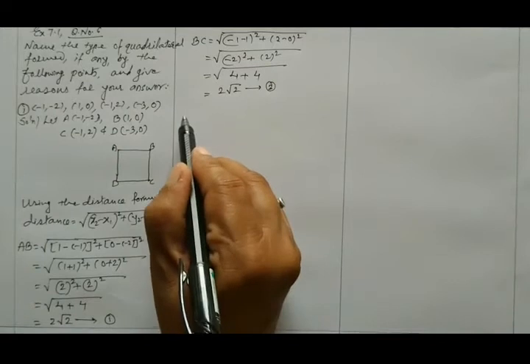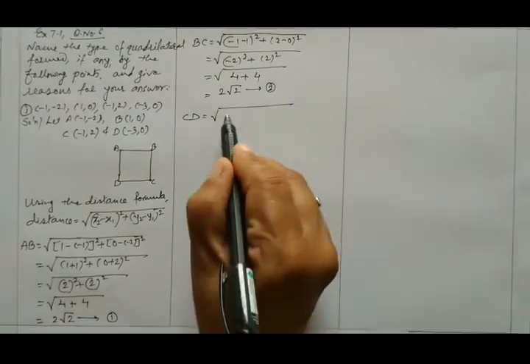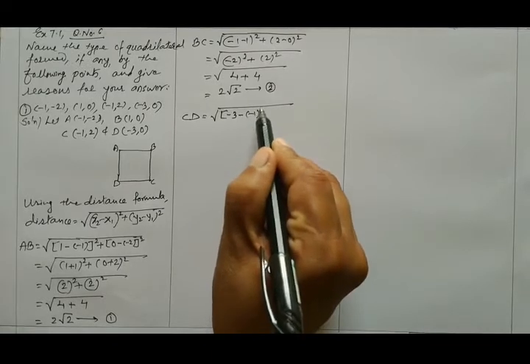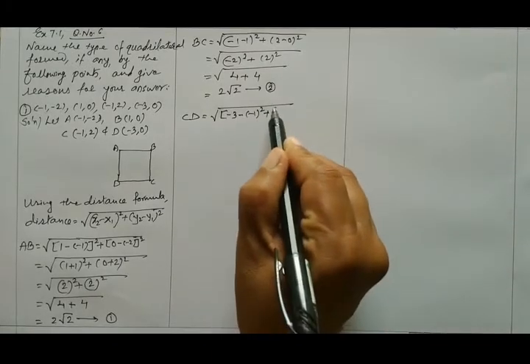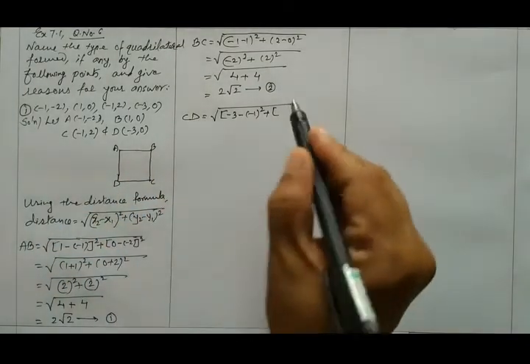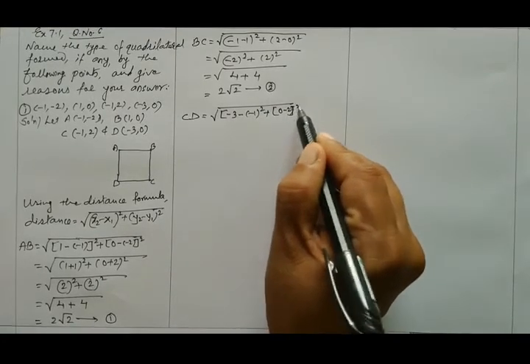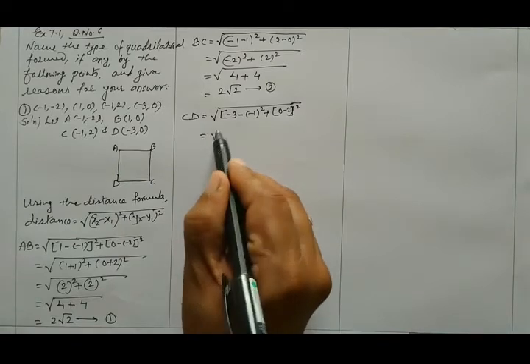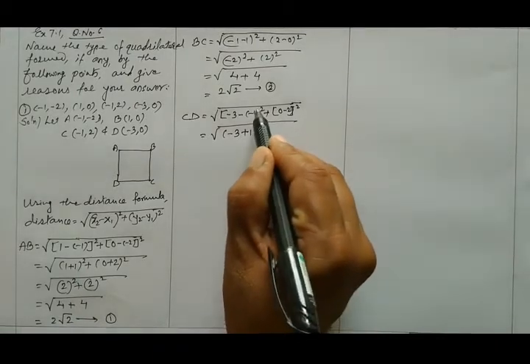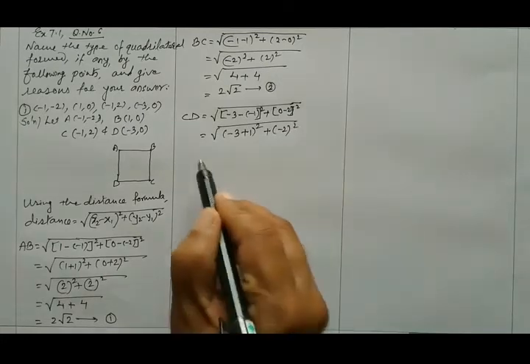Now calculate CD. So CD is under root (minus 3 minus minus 1) whole square plus (0 minus 2) whole square.